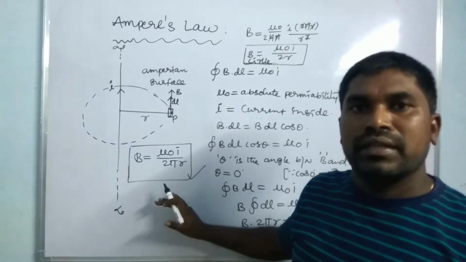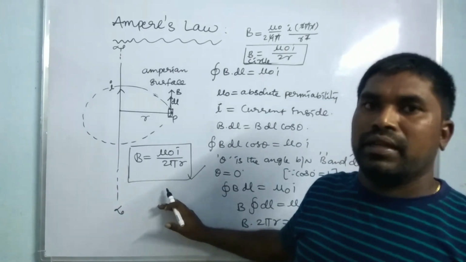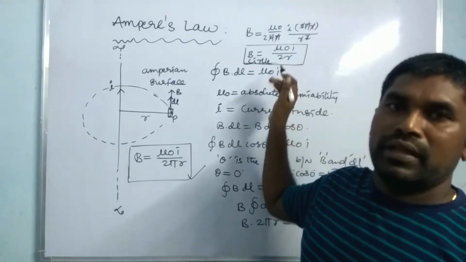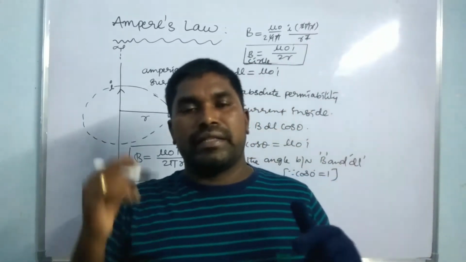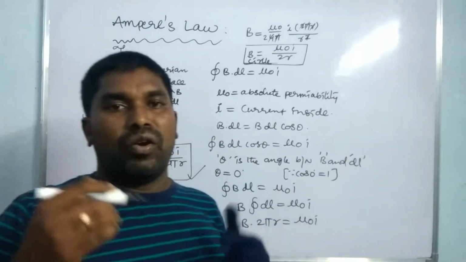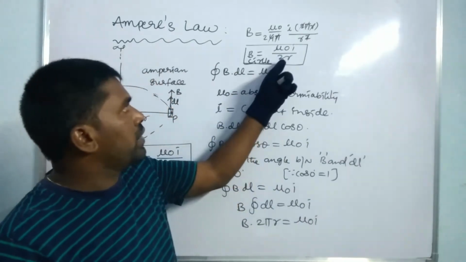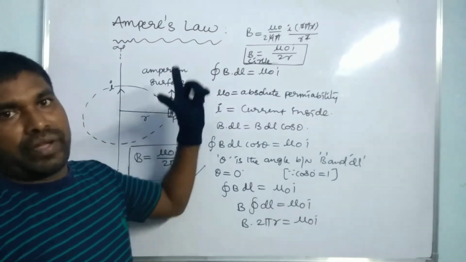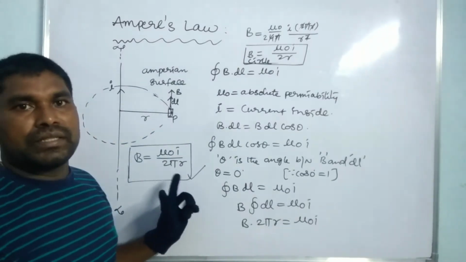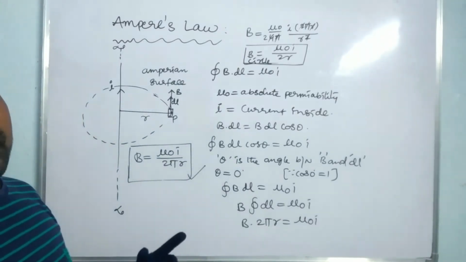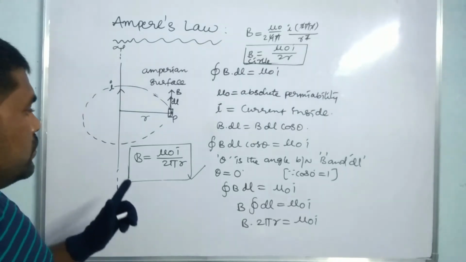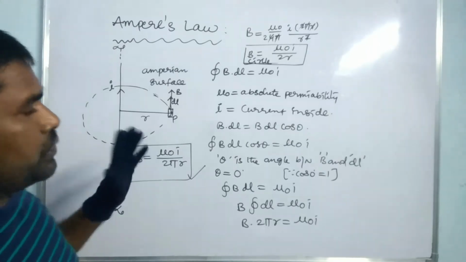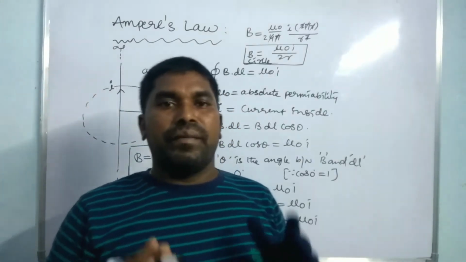And this is the circular wire. At the center of the circular current carrying wire, how much is the net magnetic field? That was mu naught I by 2r. So this is mu naught I by 2 pi r, that is the straight wire. Right. So these are the variations between the Ampere's law and the Biot-Savart law.